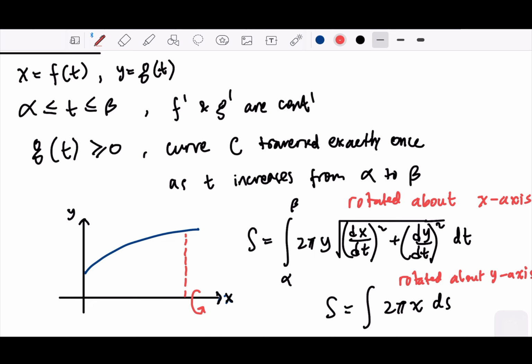Whenever you find questions asking for the surface area or the arc length, but you cannot find from where to where, and you need to find the endpoint, you need to be careful that the curve goes exactly one time. If you take t beyond that, the movement will have repetitions, and that makes the calculations wrong.